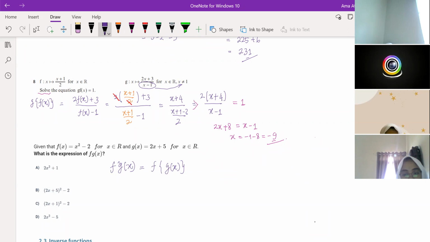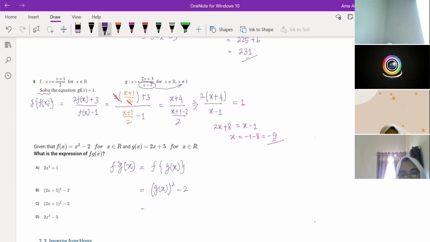G into f means we are going to change x in the function of f with g of x. So we get g of x squared, because it is x squared, minus 2.